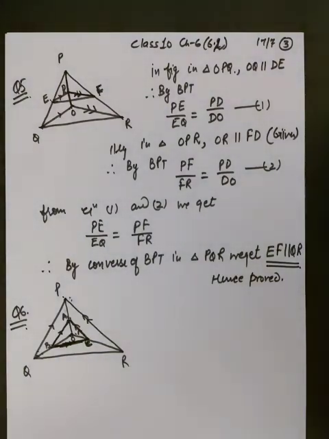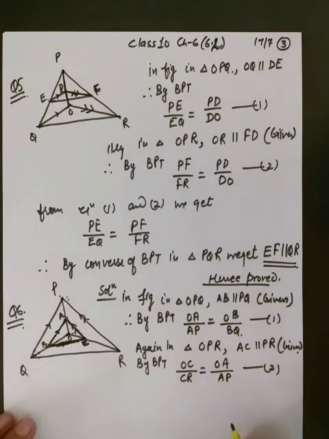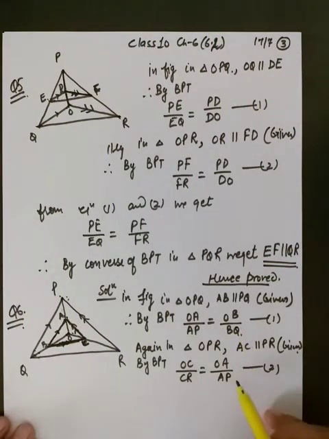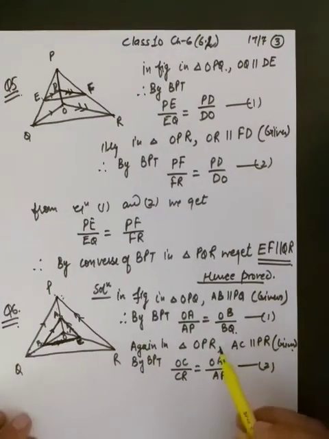Question number 6 is a mixture of the above two questions. To do this, the properties we have to use we have already used in the above questions. So we are going to start its proof. We get these two equations and in these two equations you can see that OA by AP is same in both of the equations.